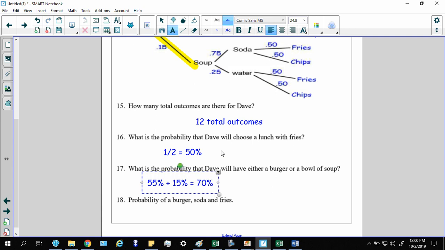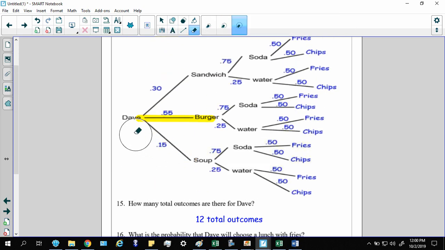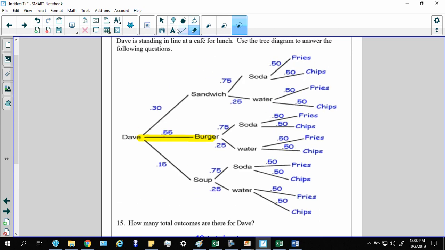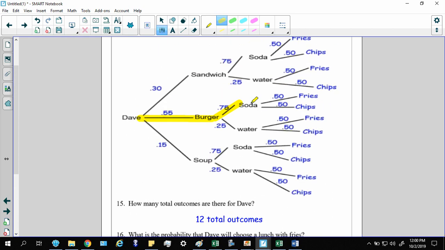Excuse me. All right, so what is the probability of a burger? Let me highlight. So the probability of a burger, he's going to get a soda, which is 75% chance, and then fries, which is 50%.